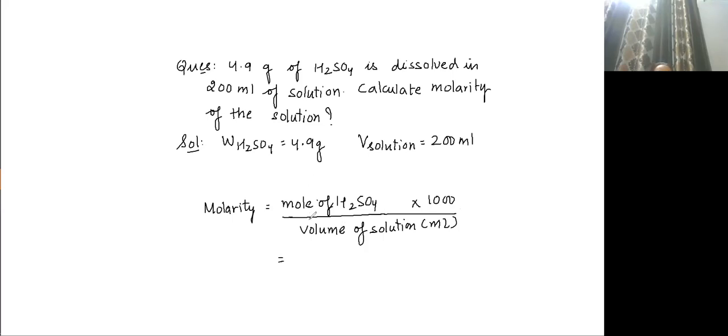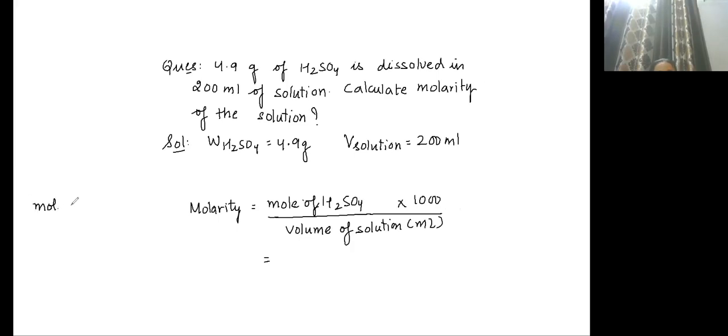So what are moles of H2SO4? 4.9 divided by 98, that is equal to 1 by 20. So 1 by 20 divided by 200 ml into 1000. So this will be equal to 1 by 4, that is 0.25 molar.